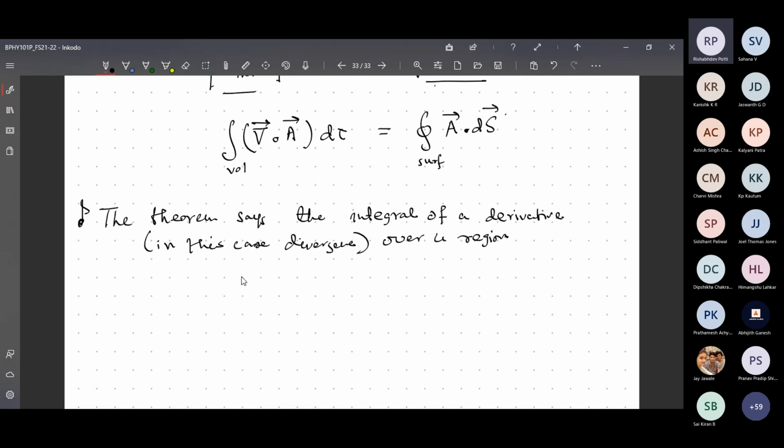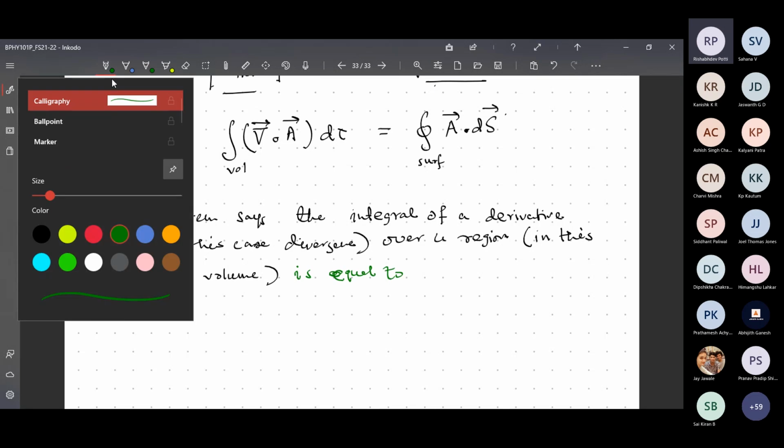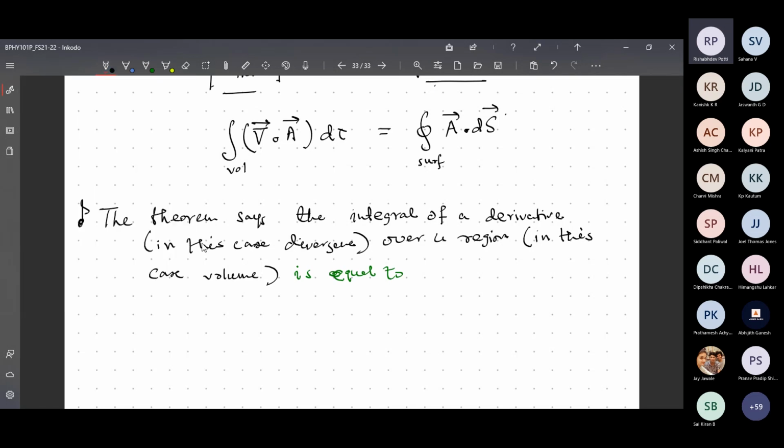Over a region, in this case volume, is equal to the value of the function at the boundary.